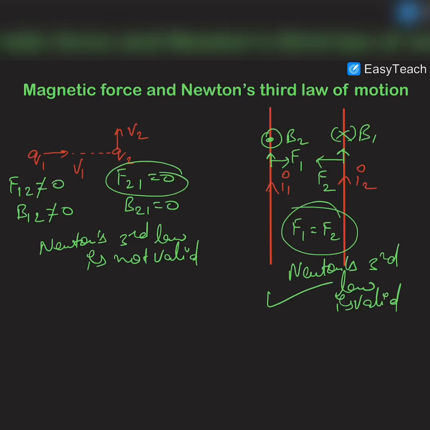And in the same way, if we talk about this case, we have already discussed that individually the magnetic force is not obeying Newton's third law, but if we consider the net electromagnetic force on Q2 and the net electromagnetic force on Q1, then they will be equal in magnitude and opposite in direction, and hence they would be following the law of conservation of angular momentum, linear momentum, and Newton's third law.